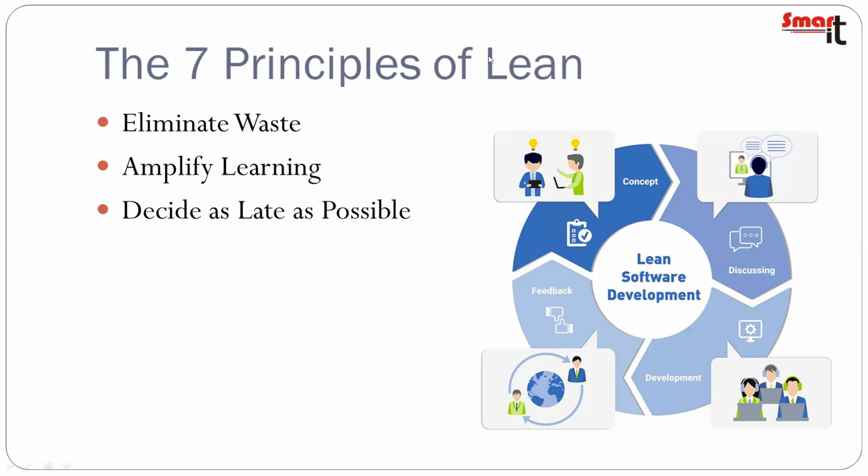And decide as late as possible, but it says as late as possible. It doesn't mean you can decide at the last moment. No, it says as late as possible. In software development, if you have to take some decisions, to get a good decision, take time.